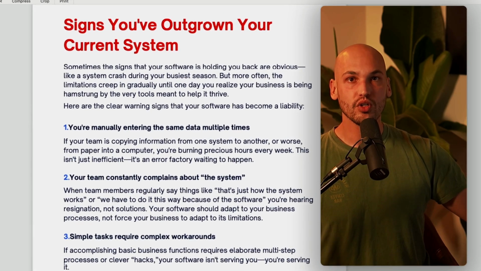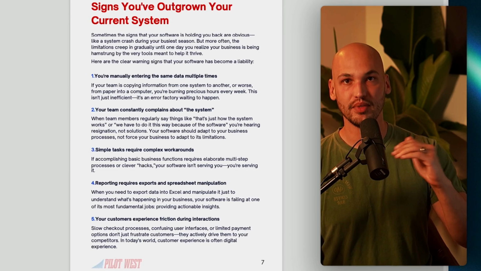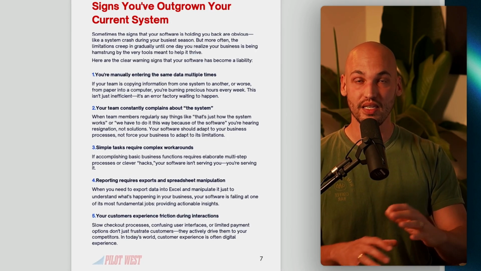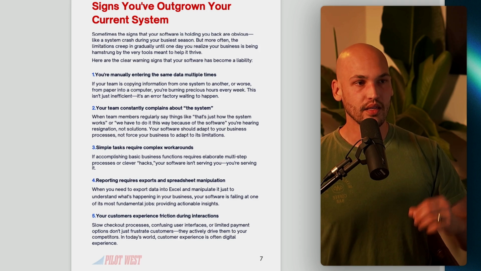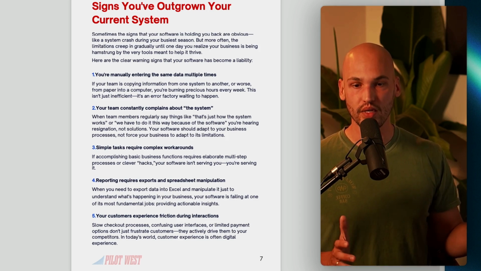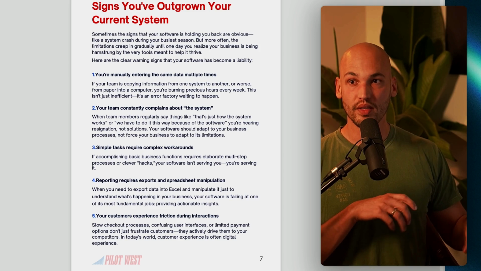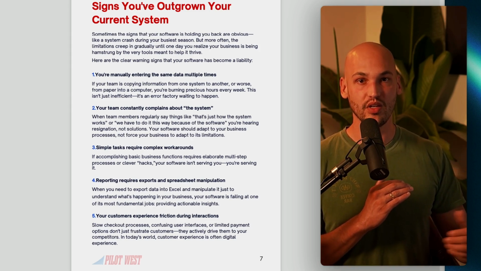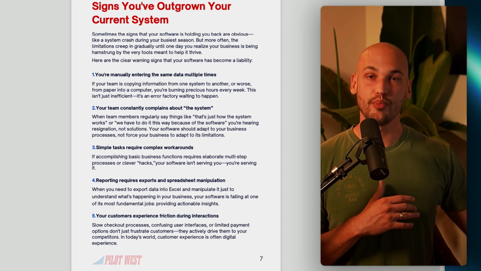First one is you're manually entering the same data multiple times. This is probably the biggest cardinal sin that we see of all the businesses. That means that maybe you're taking a paper invoice, and you're uploading it into one system, into the CRM, then you have to upload it into the accounting system, then you have to upload it into your operating system.